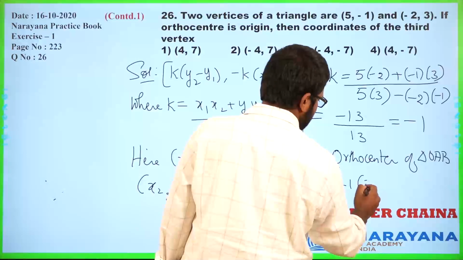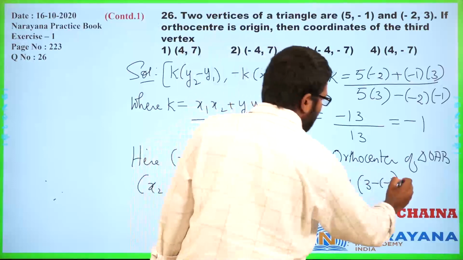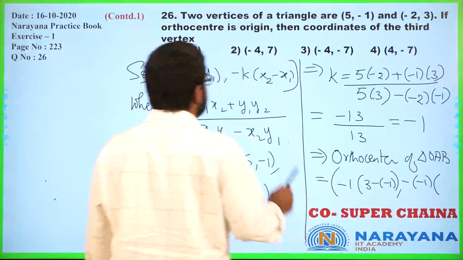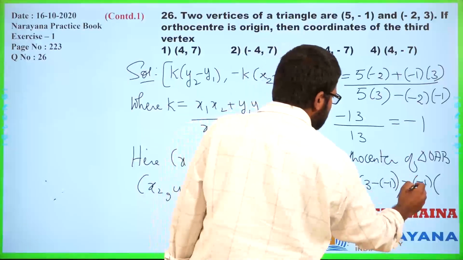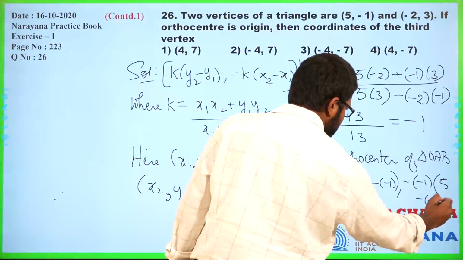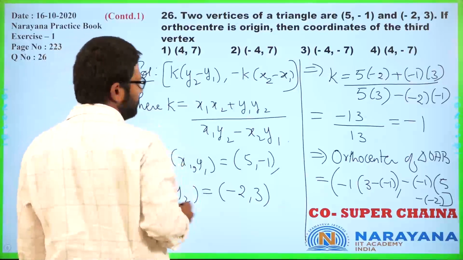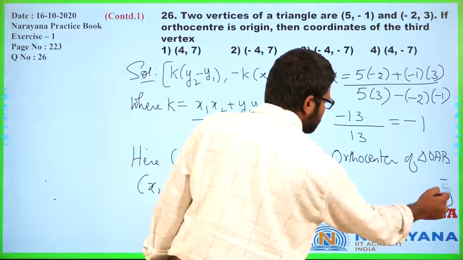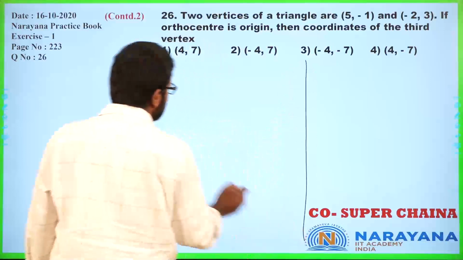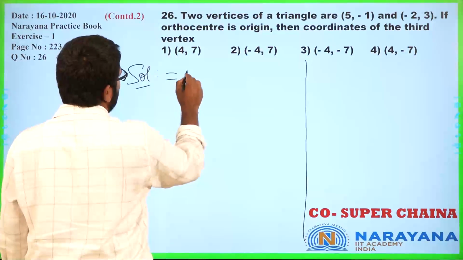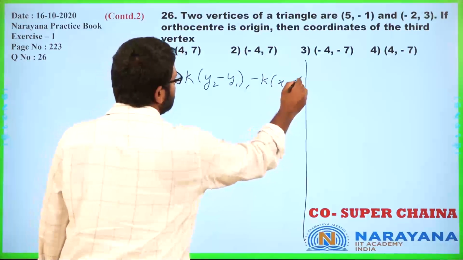So 3 minus minus 1, and minus of minus 1 into x2 minus x1, so 5 minus minus 2. Okay, no, that is not neat. Maybe we should write it on the next page. So orthocenter of triangle OAB equal to k into y2 minus y1 comma minus k into x2 minus x1, right?